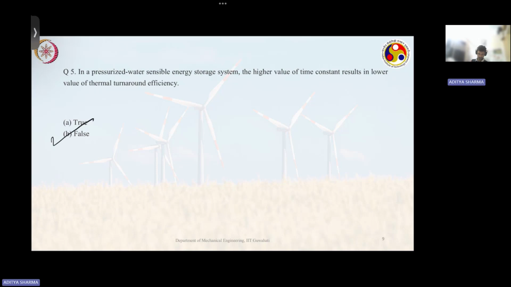There is one formula for your pressurized water sensible energy storage system, based on which you will realize that a higher value of time constant results in a higher value of your thermal turnaround efficiency. So in that case this is a false statement.